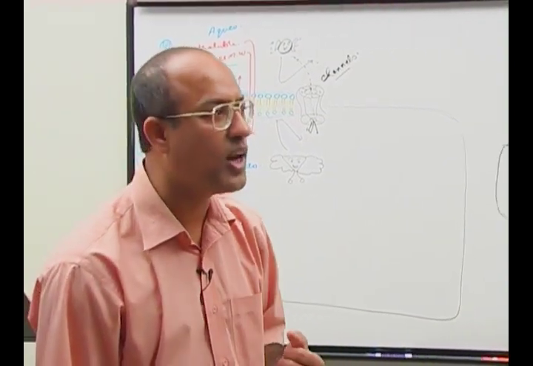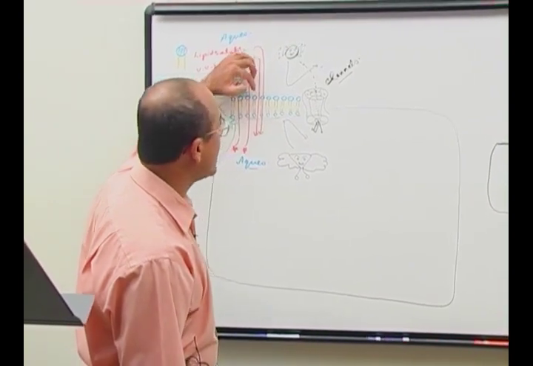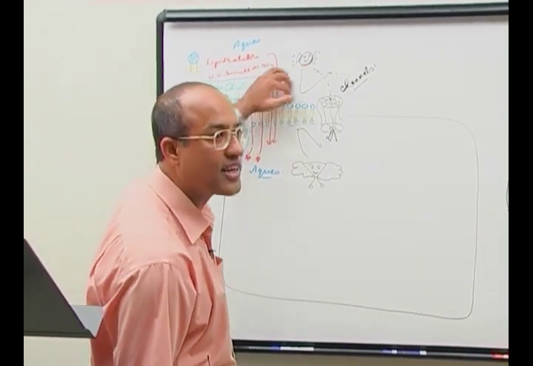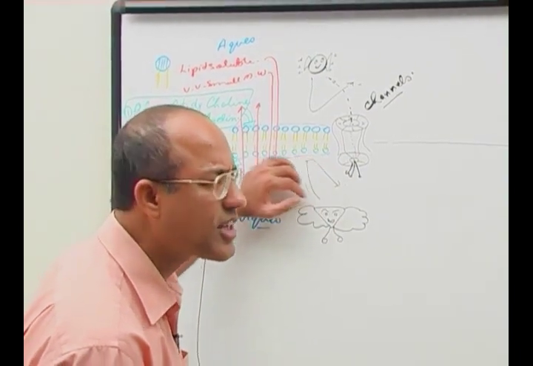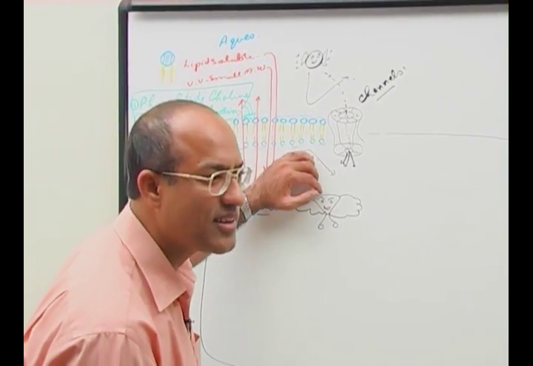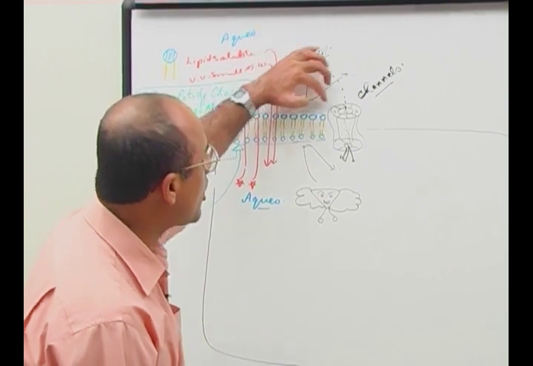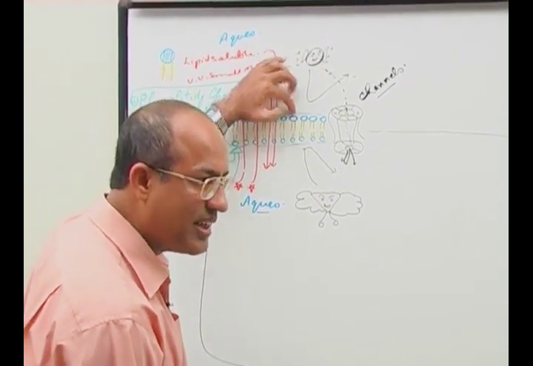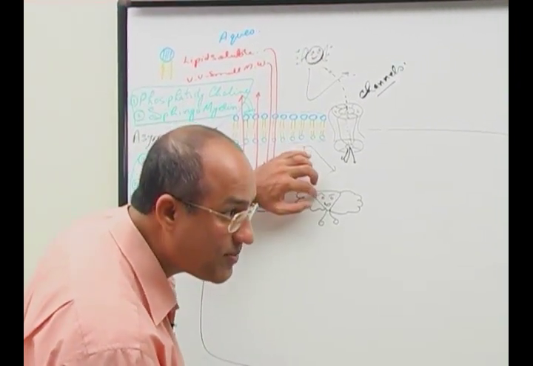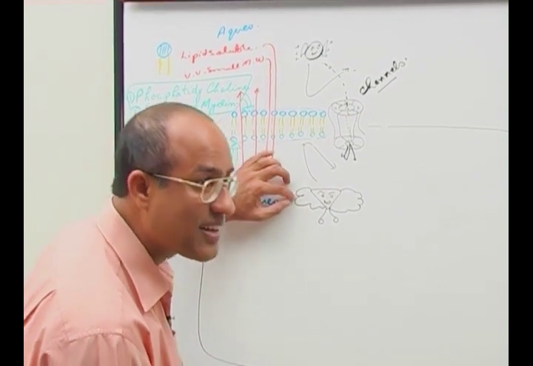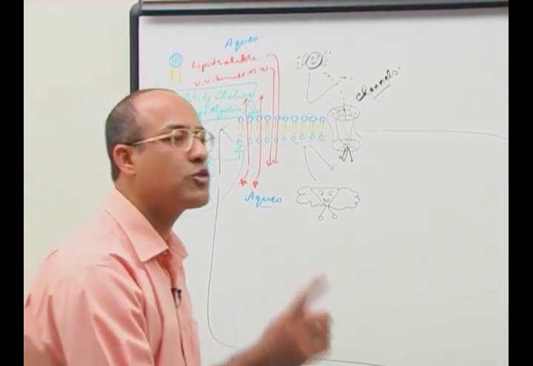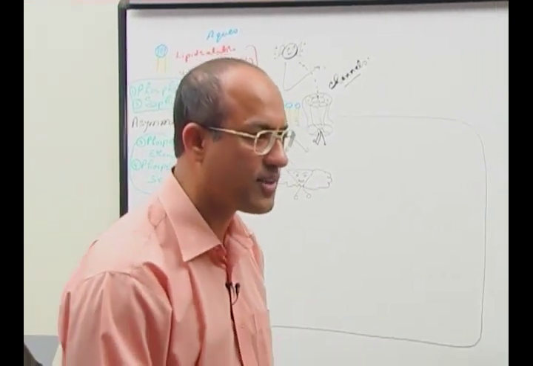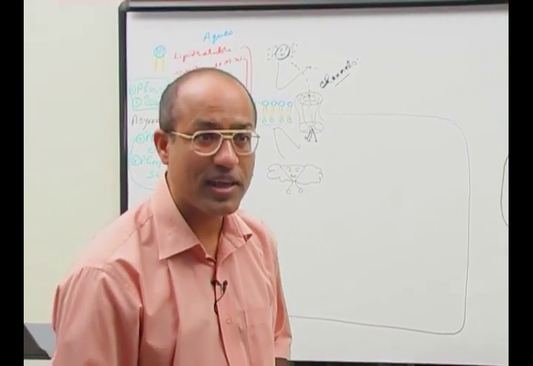And still later on we will learn that the outer leaflet has a lot of carbohydrates attached to it, but the inner leaflet does not have any significant carbohydrate. This difference of carbohydrates also adds to the asymmetry of the inner and outer leaflet of cell membranes.